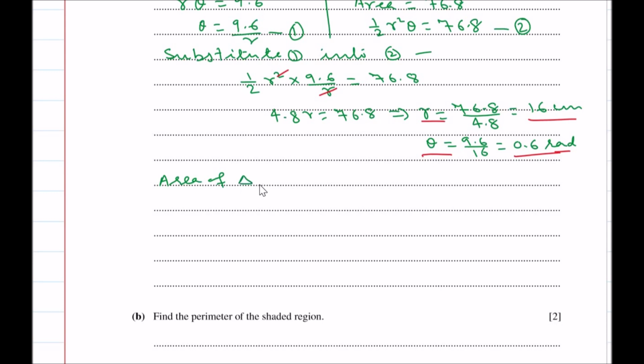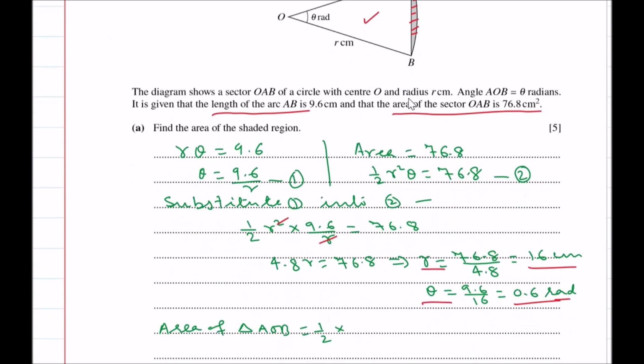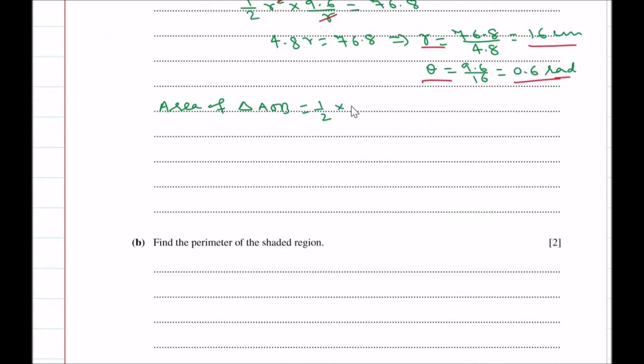Area of triangle AOB is equal to half AB sin C. AB both are radius. You can see here R. So half into 16 into 16 into sine of 0.6.